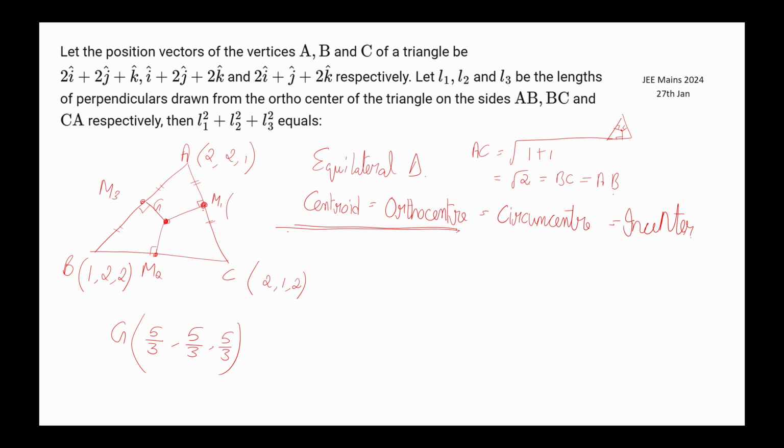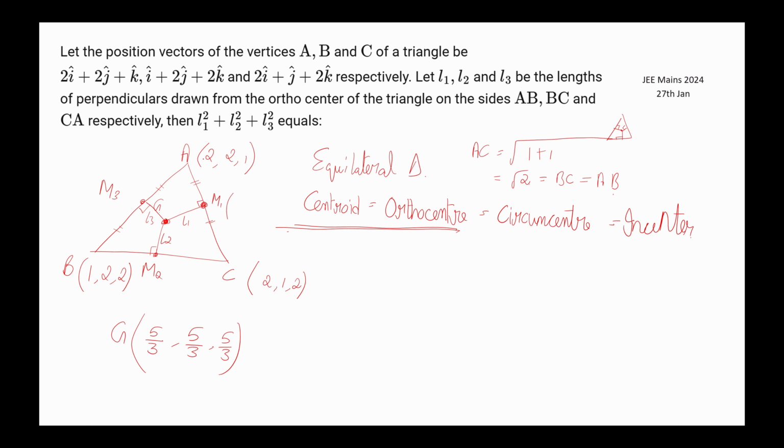And once we found out our midpoint, we know our centroid or the orthocenter. So from there we can find out our distances as well. They have mentioned it in the question, right? L1, L2, L3 are the lengths of perpendicular from the orthocenter on the sides. So this is my L1, this is my L2 and this is my L3. So once we find out the distance using the distance formula, of course our question is solved.